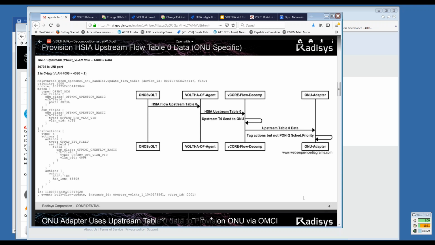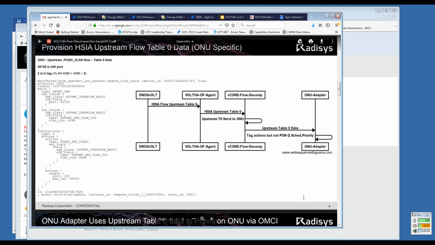I guess there's some convention there that was used. So the ingress port is defined. The VLAN to operate on is defined as 0, and we're going to set that VLAN field to 4098, which translates to 2, and then output that on the PON port.